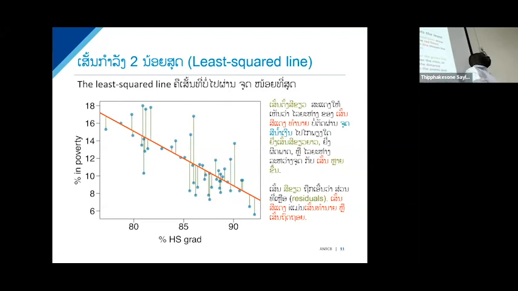What we're going to do is find a line that misses the least. It doesn't go through all the points. We may miss many points, but overall, it will be the line that misses the least. All right, so that's the least squares line.